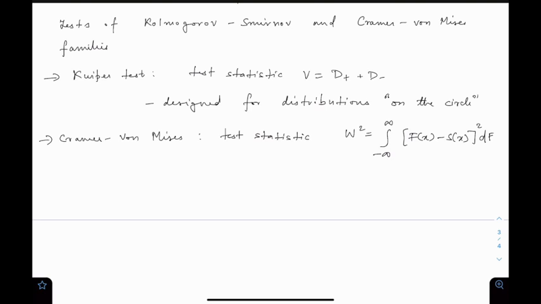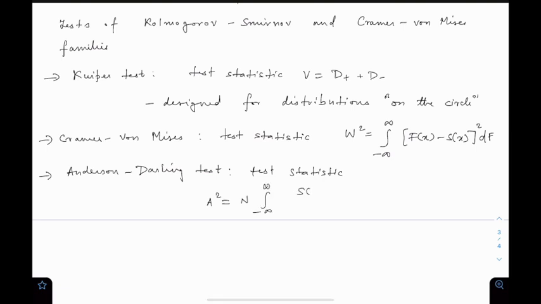And a number of situations also have what is called the Anderson-Darling test, with the test statistic given as A squared, which is n times this integral, so squared difference of S(x) minus F(x) divided by F(x) times 1 minus F(x).